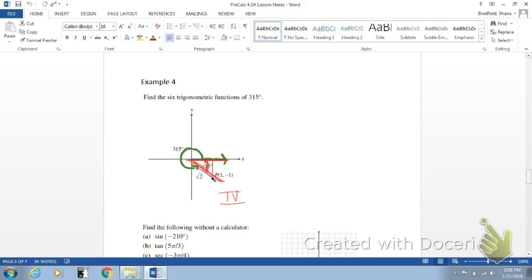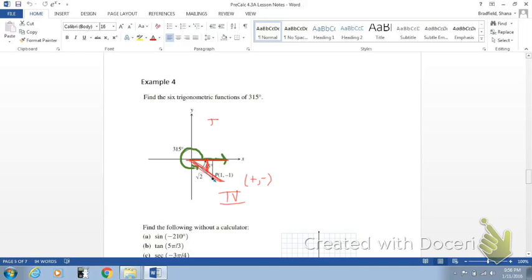In the 4th quadrant, the x coordinates are positive and the y coordinates are negative. So when we look at the previous statements, when we talked about how the radius and the x and y of the point on the terminal side can give us our trig functions, now we have a positive x and a negative y, and that's going to determine the sign of our number.